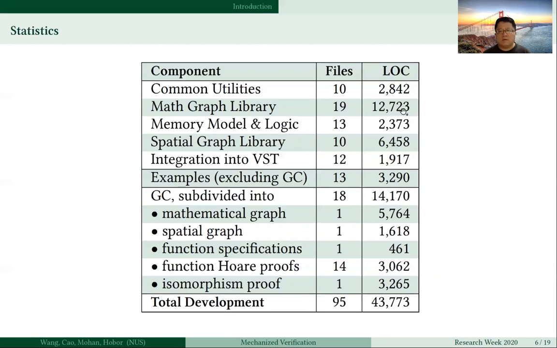These lines include definitions and theorems. 5 examples, excluding the garbage collector, occupy 3,000 lines of code. The garbage collector is a large project, which is even bigger than the mathematical graph library, more than 14,000 lines of code. The total development contains 43,000 lines.